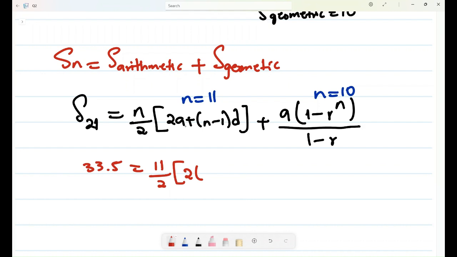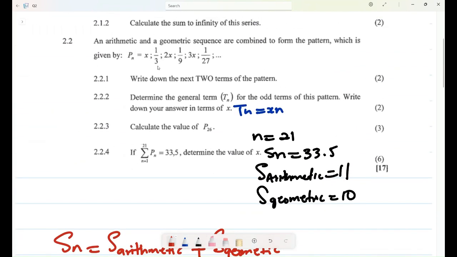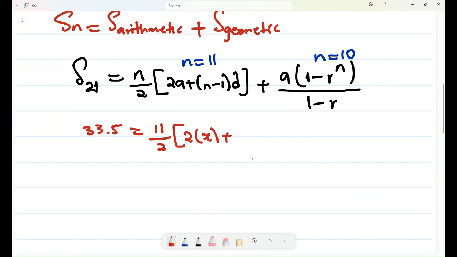What is the first term of the arithmetic sequence? You still remember it is x, right? It is x, plus the number of terms, 11 minus 1, times the difference. Remember the difference is also x. Plus, now what is the first term of the geometric? It is 1/3.